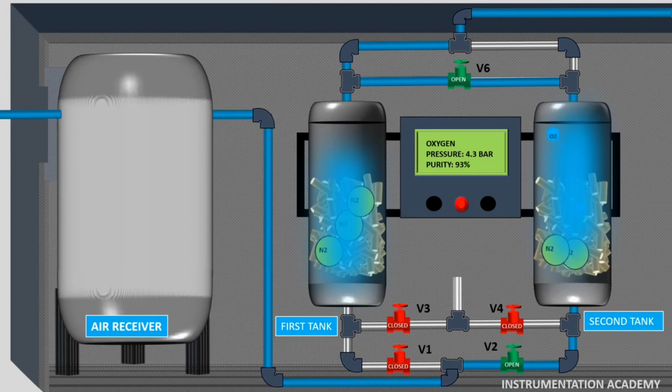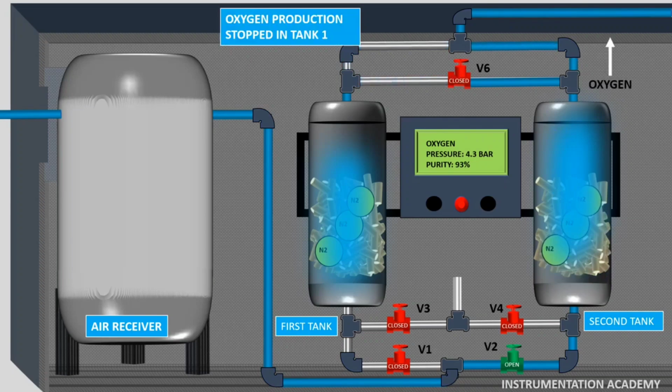A small portion of the generated oxygen of the second tank flows from top to bottom of the first tank, which is required to push out the nitrogen that was trapped in the zeolite. Now as the pressure inside the first tank reduces, the zeolite loses its ability to adsorb nitrogen and starts releasing the remaining nitrogen that was adsorbed earlier.